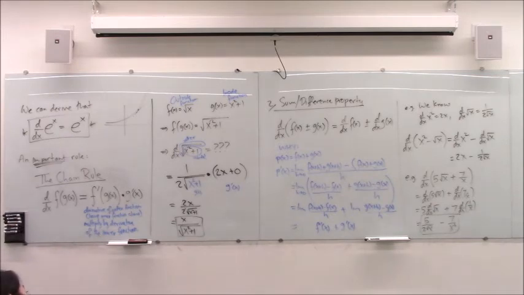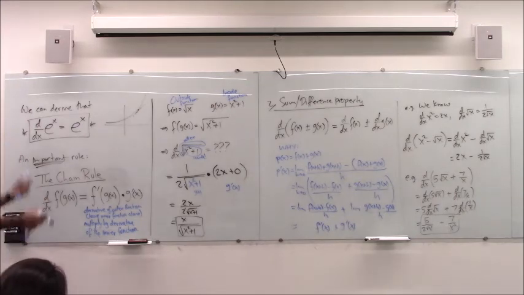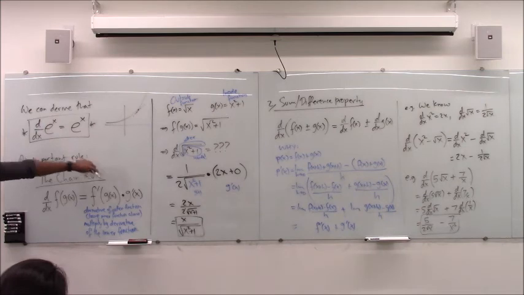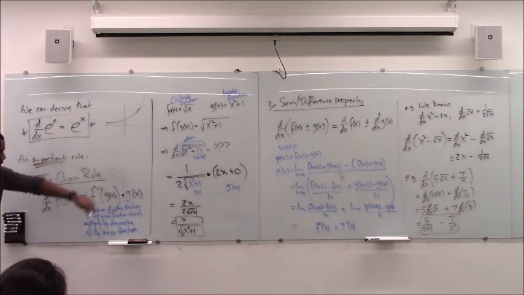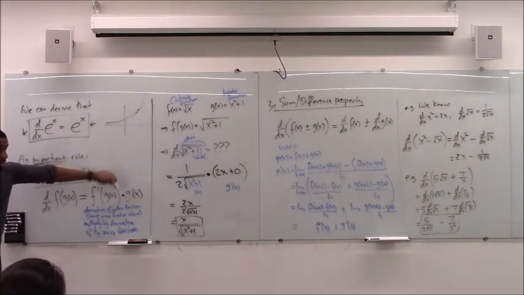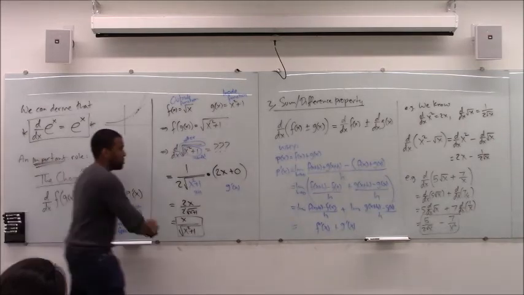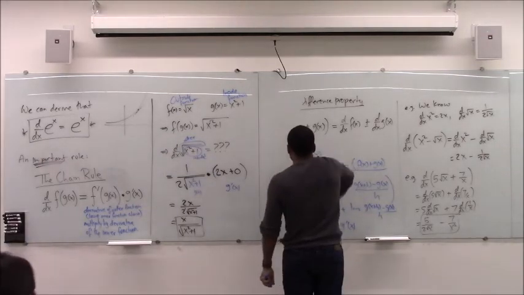So that's a very important rule. That's called the chain rule. So if you have one function inside of another function, you can differentiate the whole overall function by differentiate the outside, leave the inside alone in the beginning, then afterwards multiply by the derivative of the inside. That's called the chain rule.